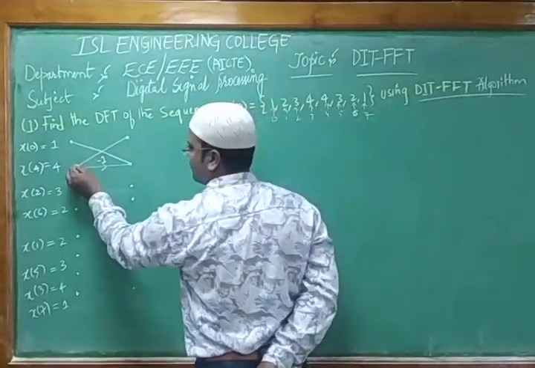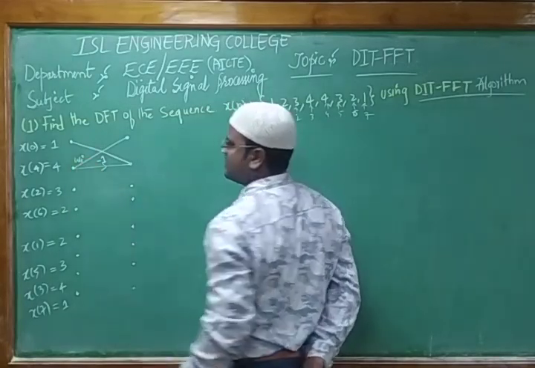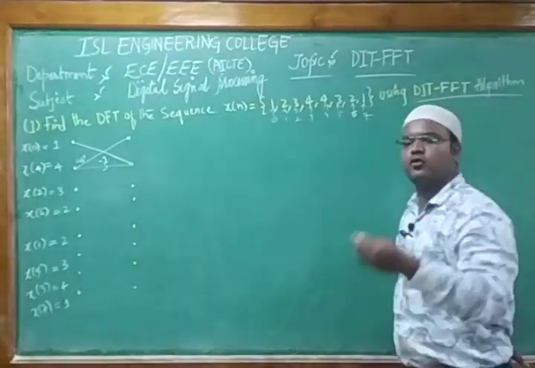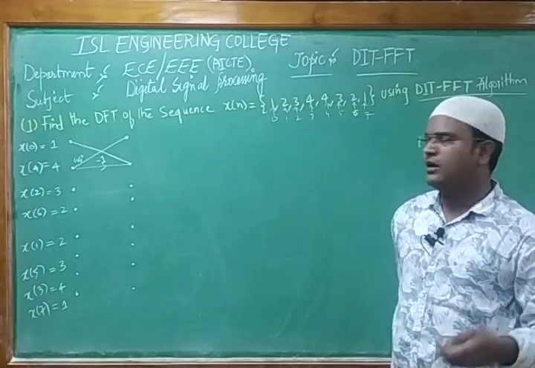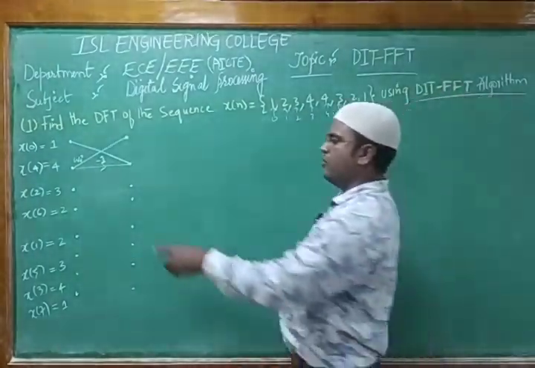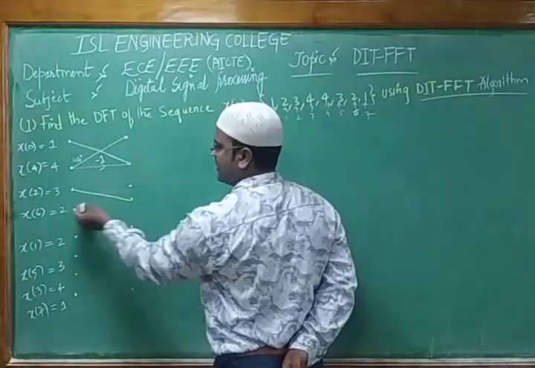What is the starting value, the twiddle factor or the weighting sequence? Omega 8 power 0. Omega 8 power 0, omega 8 power 1, omega 8 power 2, omega 8 power 3, because we are going for 8 points, 0 to 7. That's the reason we mention omega 8 power 0 here. Likewise, we'll go for the next one.